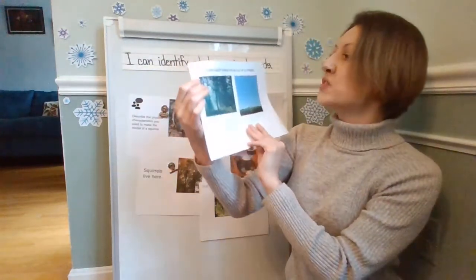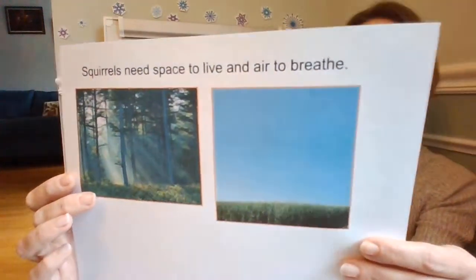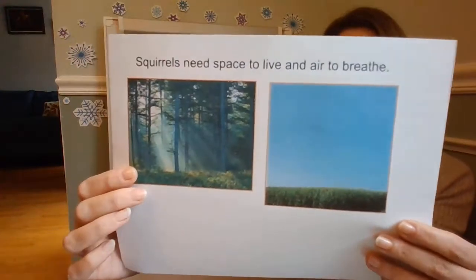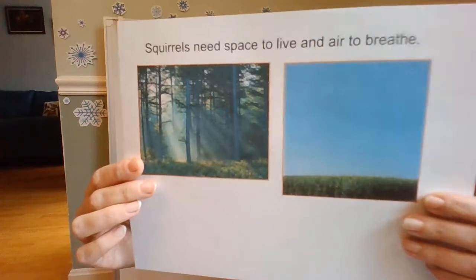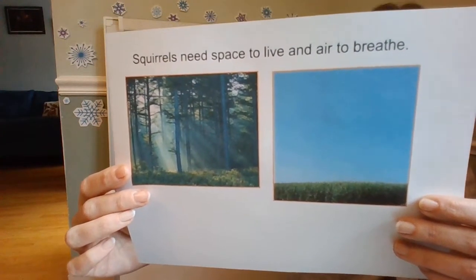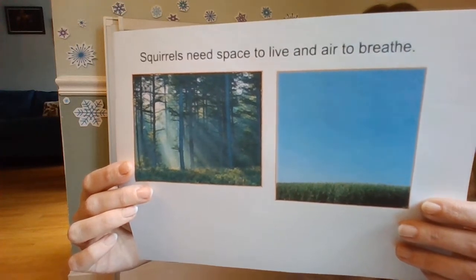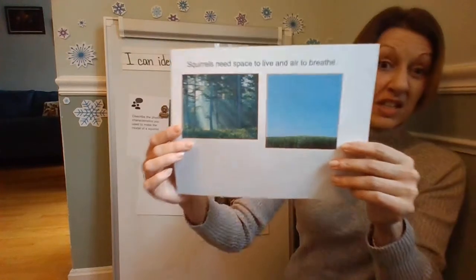So squirrels need space to live and air to breathe. So that's why squirrels live outside. There they can have space and air to breathe. So just like other animals and just like people, squirrels need space to live and air to breathe.